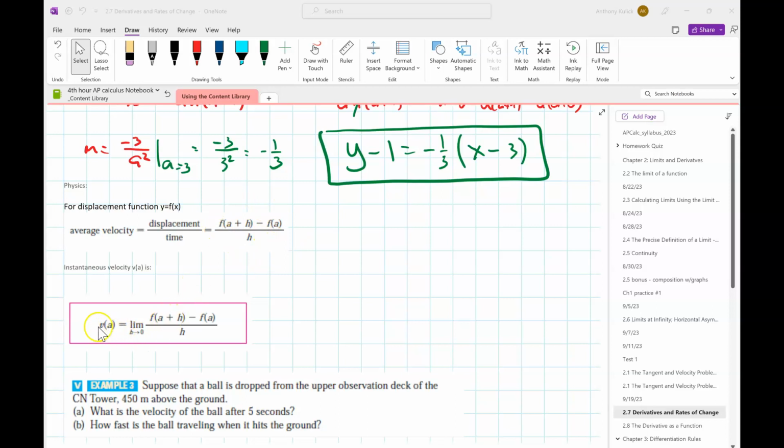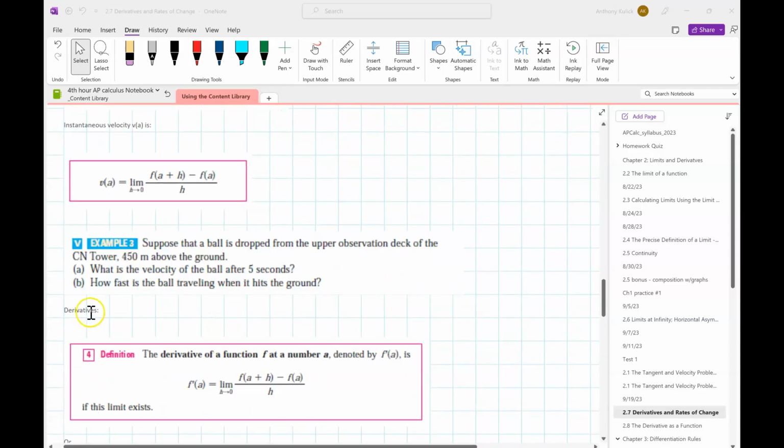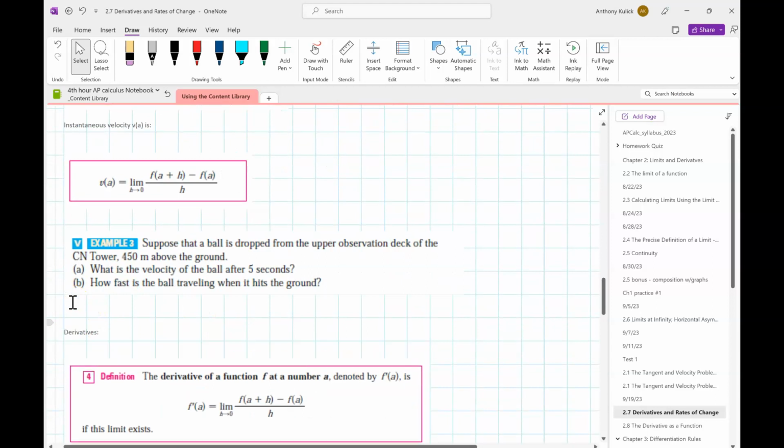So the instantaneous velocity is just going to be when h goes to 0, which again is the same as the slope of our tangent line, right? So the instantaneous velocity would be the same as the slope of the tangent line for our position function. Oh, righteous. It's all the same thing. Sweet. Okay. Let's look at an example.